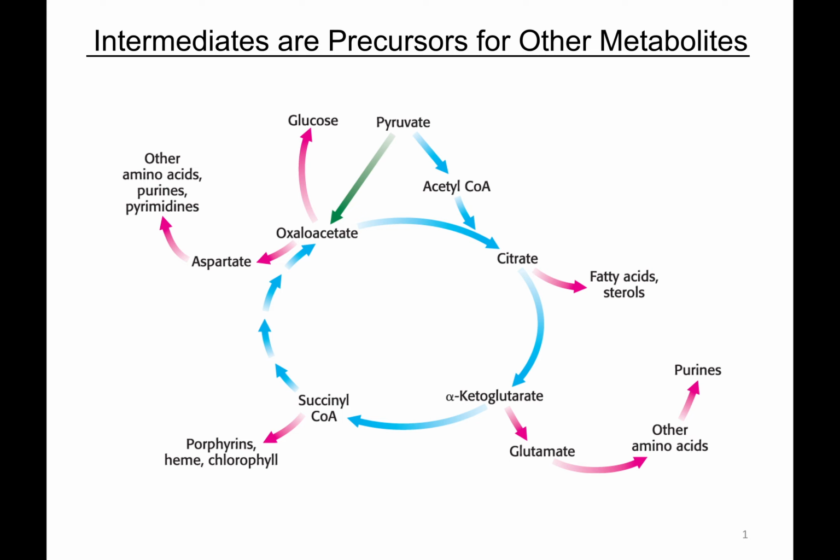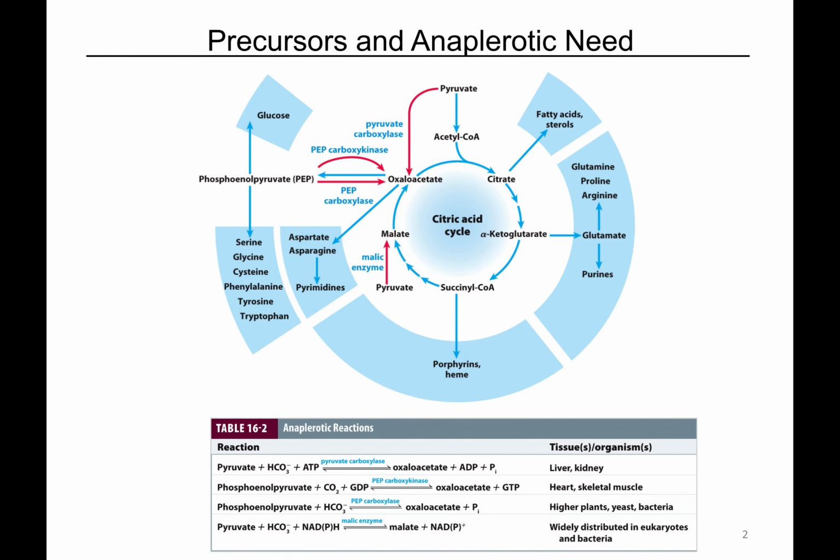So the idea is that these concentrations get depleted during anabolic times. To build up other molecules, we deplete the TCA cycle intermediates, and this can't continue if catabolism is going to continue, if we're going to be able to process carbon all the way to carbon dioxide. So there are other reactions called anaplerotic reactions that replenish the TCA cycle, and we talked about 3 main pathways.